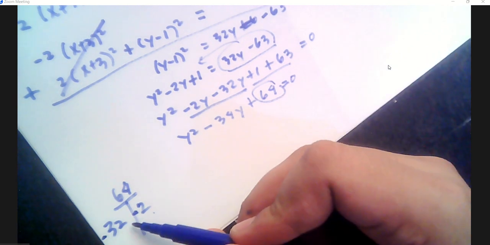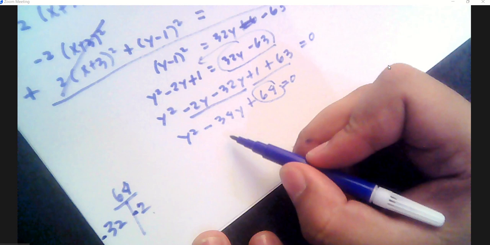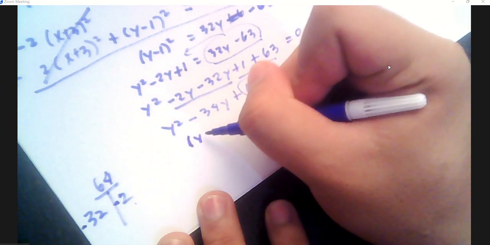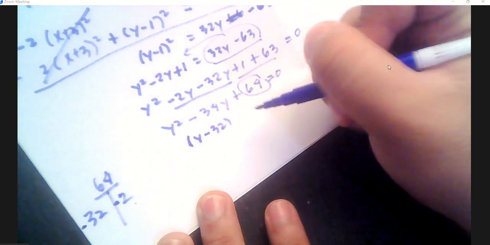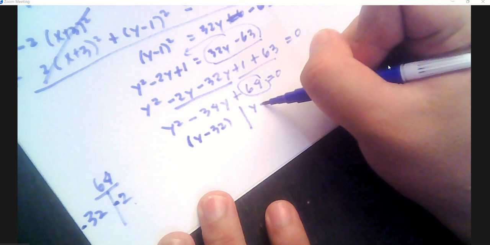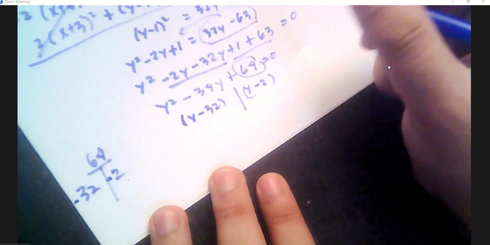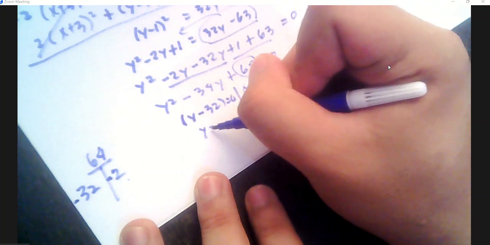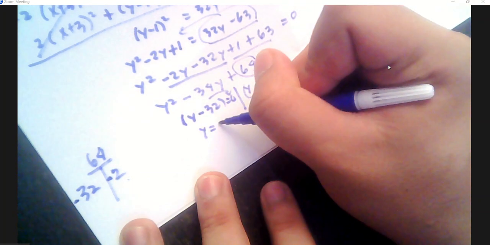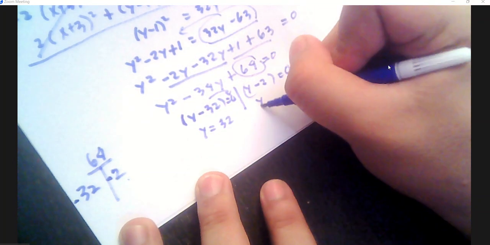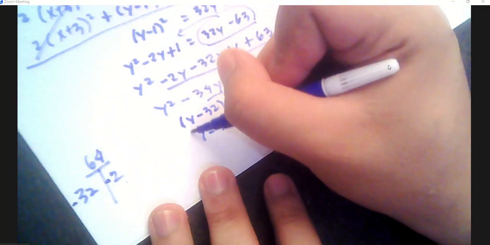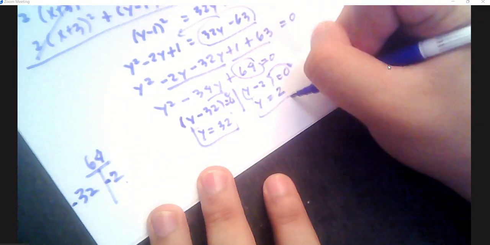Negative 32 plus negative 2, negative 34y. So the factors are y minus 32 and y minus 2. And we know we need to equate to 0 to find the value of y. We transpose, that is now positive 32. Positive 2. We have the values of y this time.